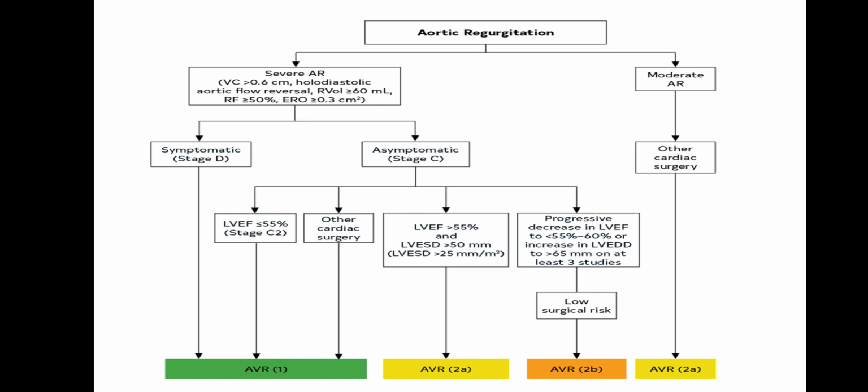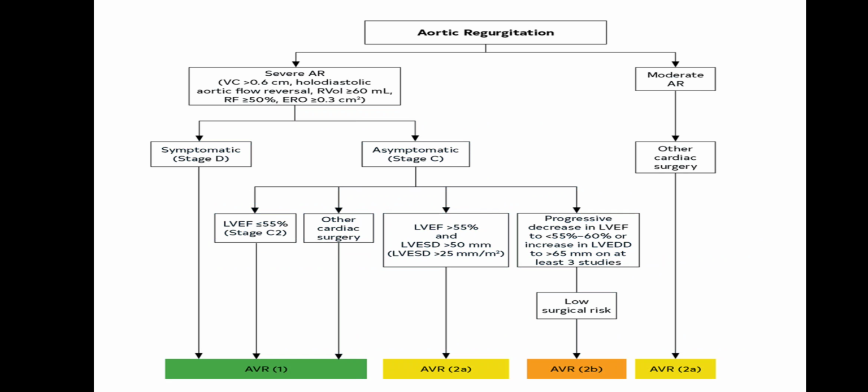Aortic regurgitation: how do we determine severe AR? By the above methods: vena contracta greater than 0.6, holodiastolic aortic flow reversal, regurgitant volume greater than 60 ml, regurgitant fraction greater than 50%, EROA greater than 0.3 cm². If the patient is symptomatic, that belongs to stage D, and aortic valve replacement is a class 1 indication.